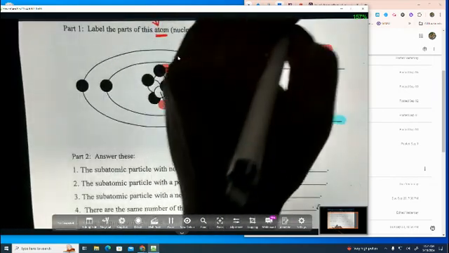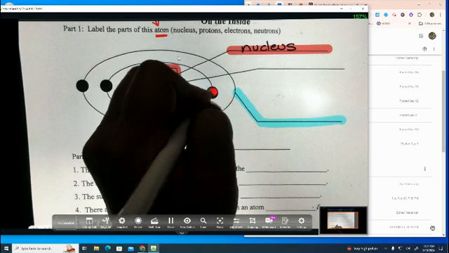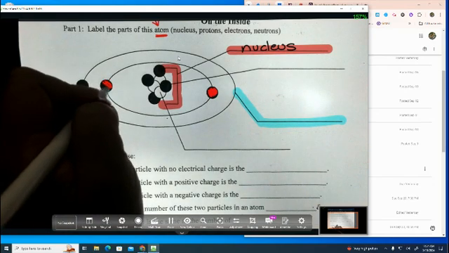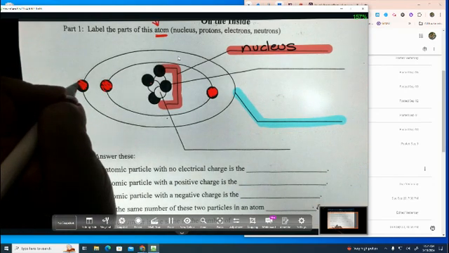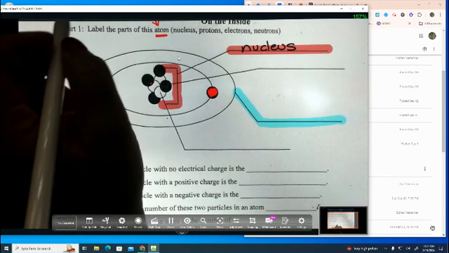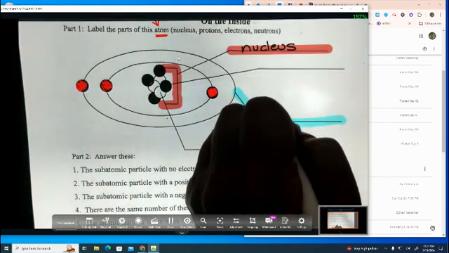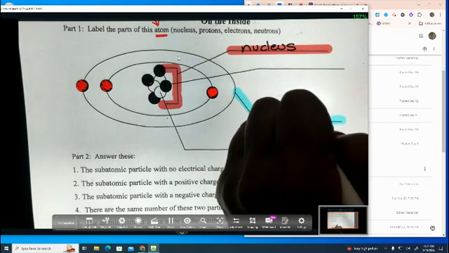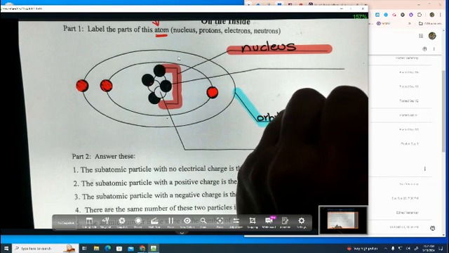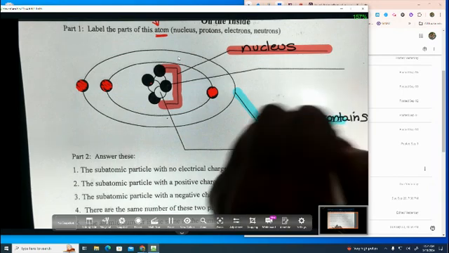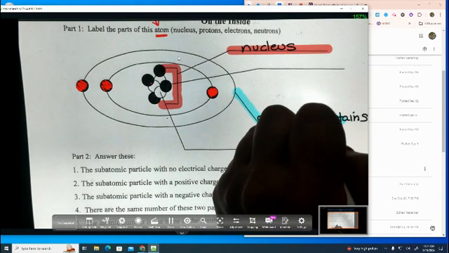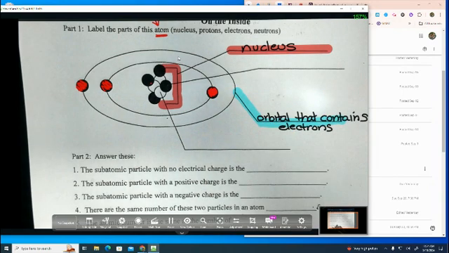So let's write, this is an orbital that contains electrons. And the word orbital is referring to a region of space in which we are going to find the electrons.